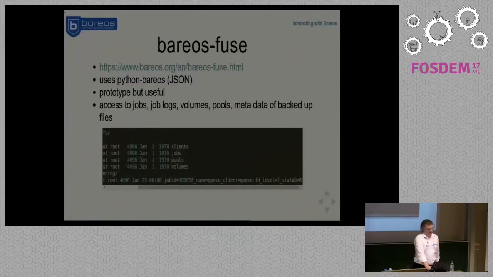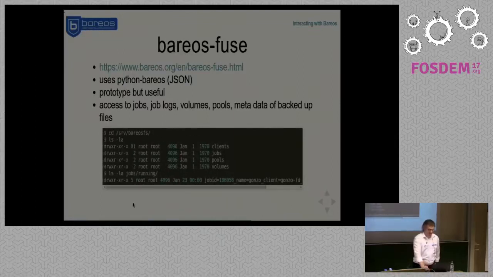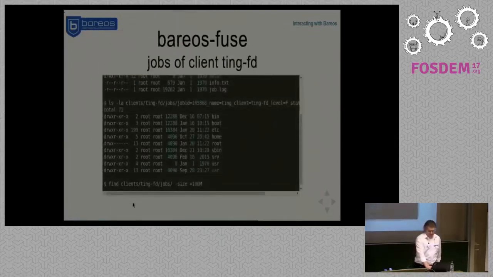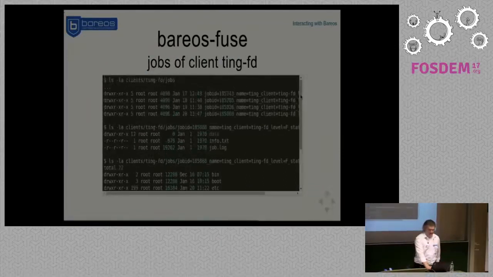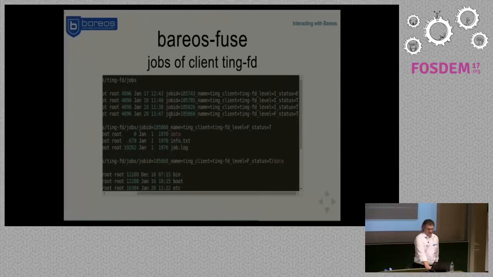You can not only ask for running jobs, but also for all the jobs for client Ting FD. Scrolling to here, on the 20th January you have a job with this job ID, name Ting, client Ting FD, level full, status terminated successfully, so this is good.